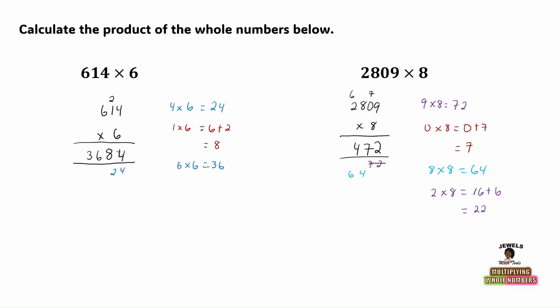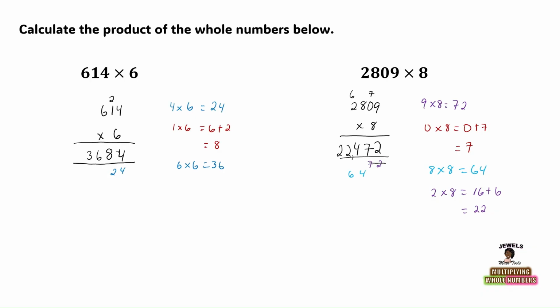So since 22 is the last step in our multiplication, the entire 22 will be written on our answer line. So the solution for us multiplying 2,809 times 8 is equal to 22,472.